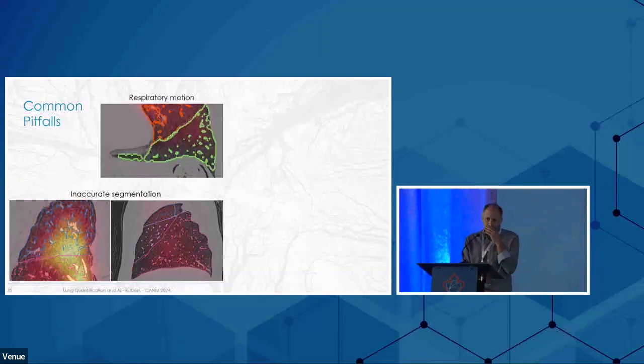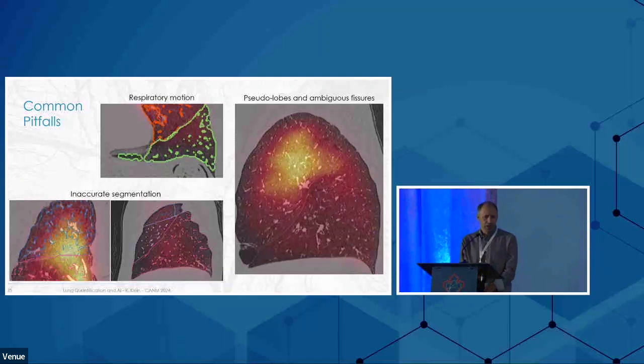Another example here is the presence of respiratory motion, which again I think in most cases is a relatively small effect. And then the software is really designed to follow the fissures as we expect in normal anatomy. Once you get abnormal anatomy, or things that look like anatomy, it becomes a question of really where do I define the fissures.